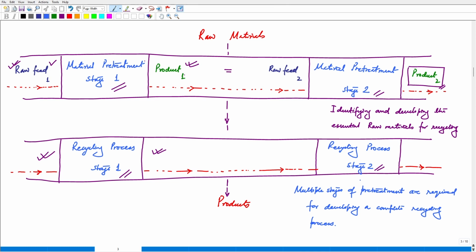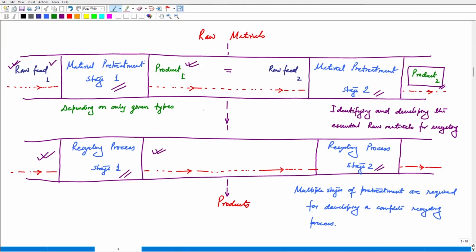Depending on just one pre-treatment, say for instance comminution only, or we can think of magnetic separation types only, that type of pre-treatment is not going to give us our finished products.